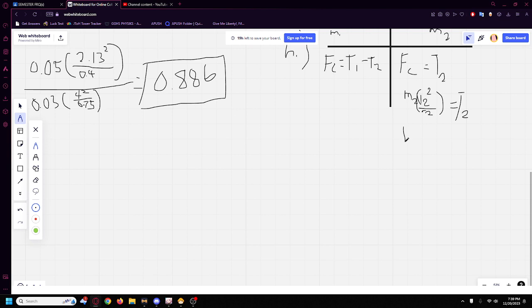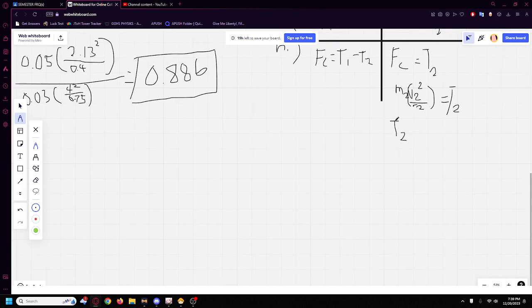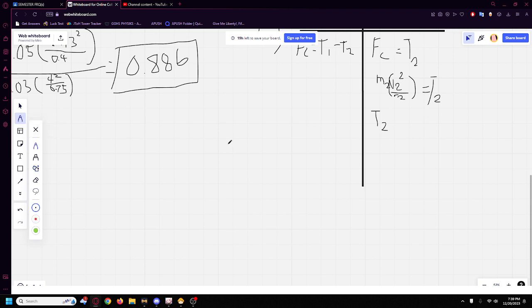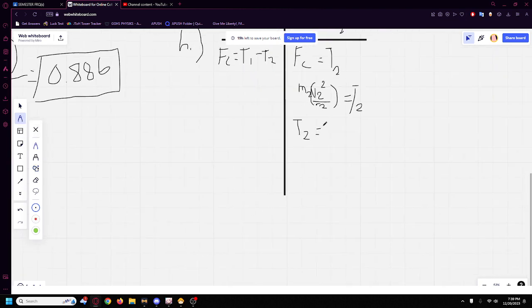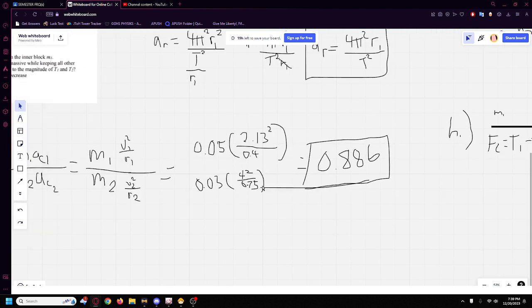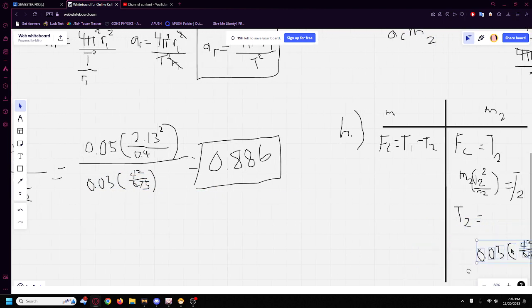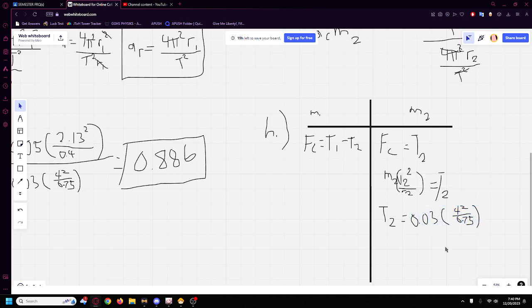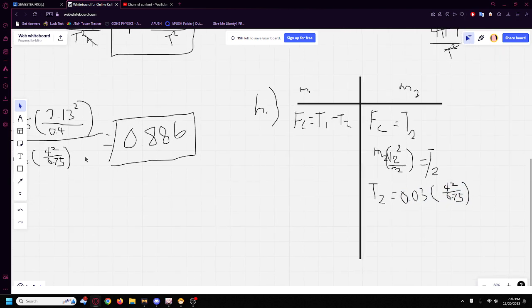You plug it in as T2 is equal to 0.03 times 4 squared over 0.75.